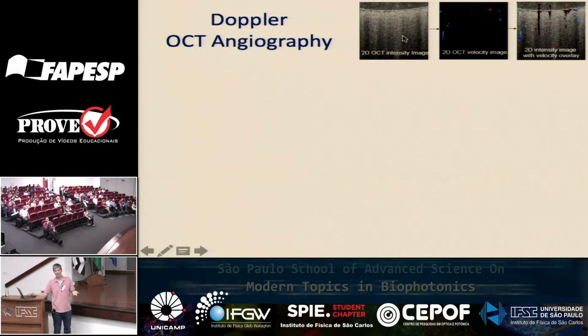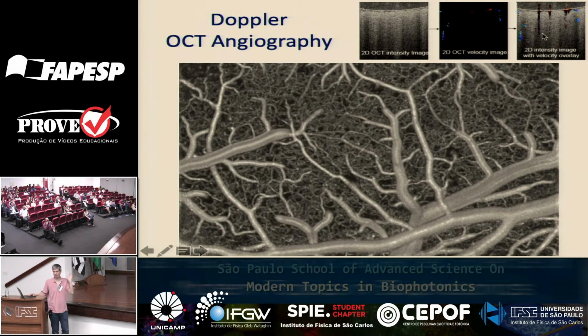You don't see anything interesting, but if you look at the Doppler shifts, you can pick out moving red blood cells, and if we sweep this over a volume, we get just incredible images of the blood vessels, right? And so we can actually go in and measure the speed of the red blood cells in all of those vessels, right? So very powerful for a number of applications.